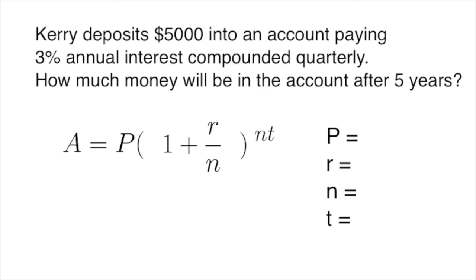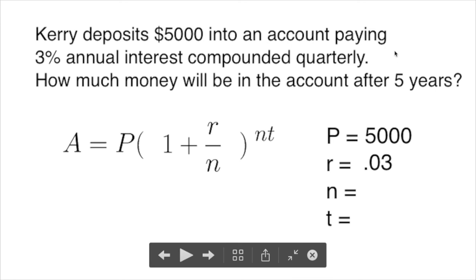P is the principal. That's how much money we started with, and that's $5,000. R, that's the percentage, the interest rate. We're getting a 3% interest rate. So I'm going to write that as a decimal. 3% means 3 divided by 100, 0.03. N is the compounding period.